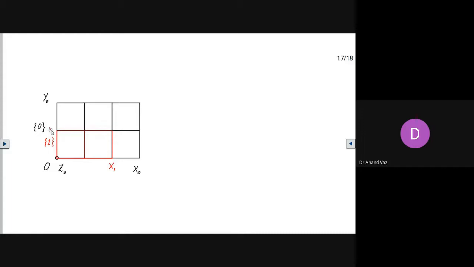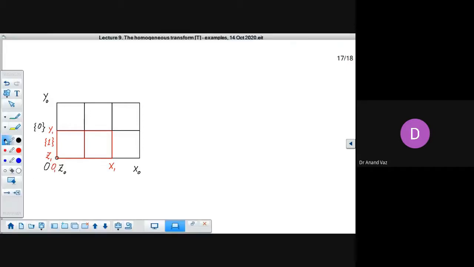Right now, the directions are coinciding. So we have the z-axis of frame 1 coming out of the plane, and this is the origin of frame 1 as well. Here we had the origin of frame 0.